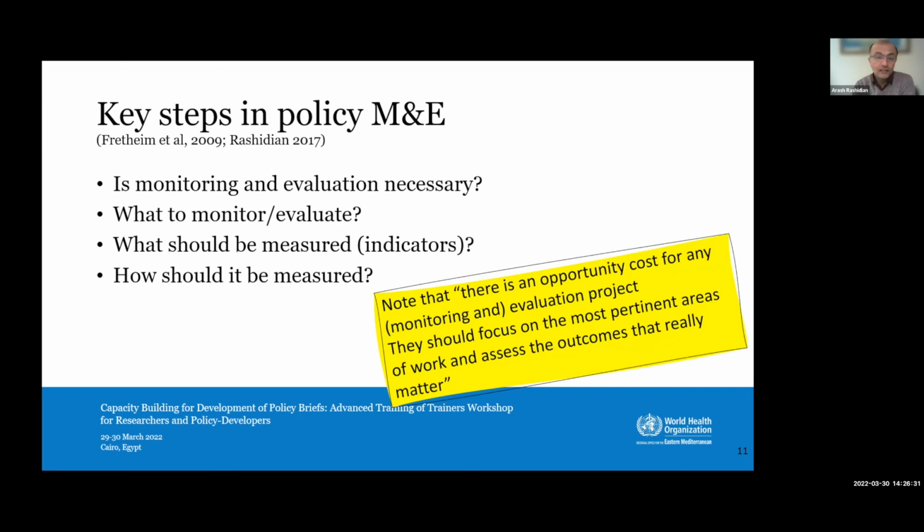What you need to be careful about is that there is an opportunity cost. I'm using the language we used yesterday about opportunity cost. Conducting monitoring and evaluation takes time, takes money, and it should be on par with the project itself. Sometimes you see monitoring and evaluation programs actually taking a substantial amount of time from those who run a program, and it results in their efforts being deviated from the actual work just to report on the work they are doing.